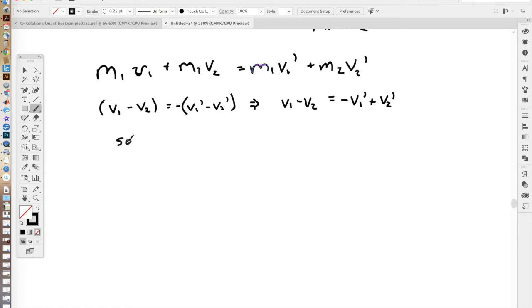So that we get v2 prime is equal to v1 minus v2 plus v1 prime. Right?